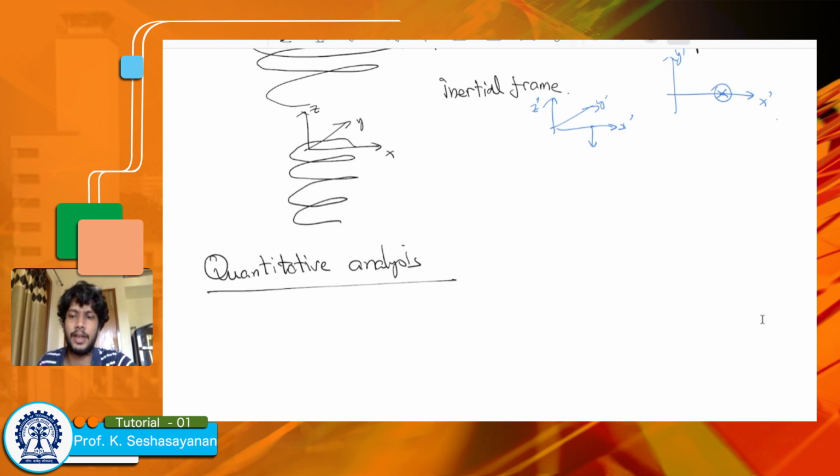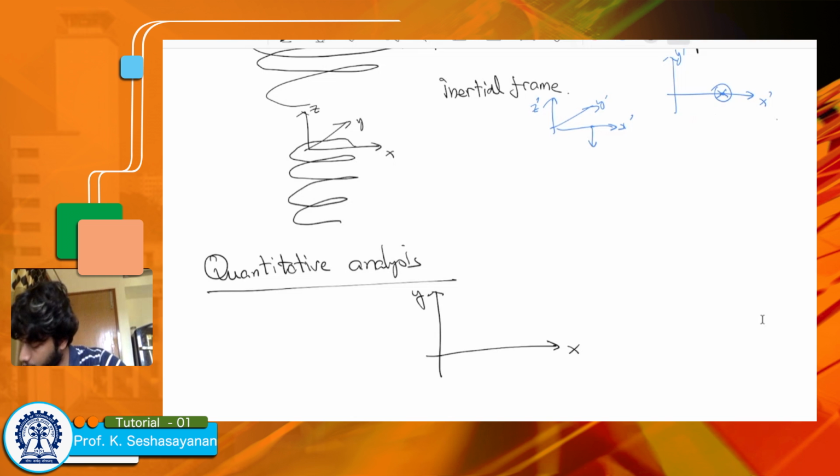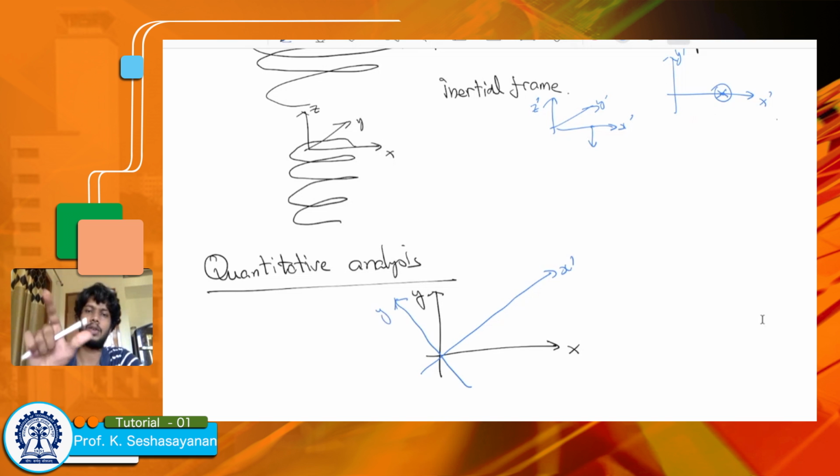So here we will have x, y axes, which we have defined as the inertial frame axes, and we will also define x prime and y prime, which are rotating.